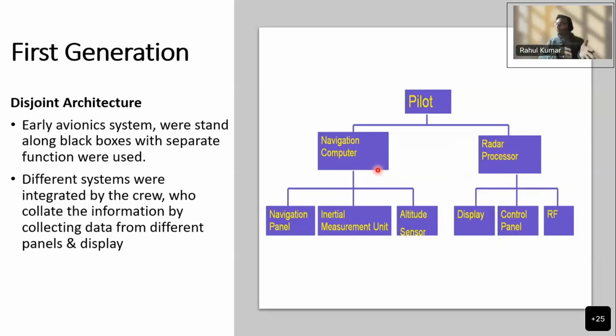It was possible in older days because the tasks performed by the aircraft were simple. But now, with the increase in demand in modern aircraft, this architecture is no longer feasible.